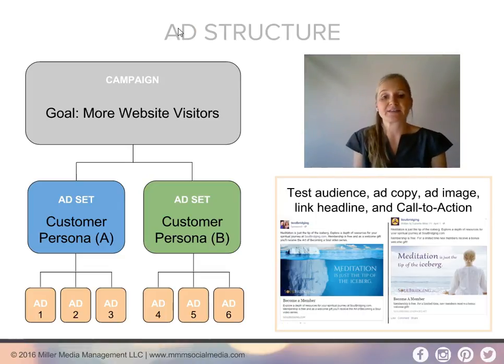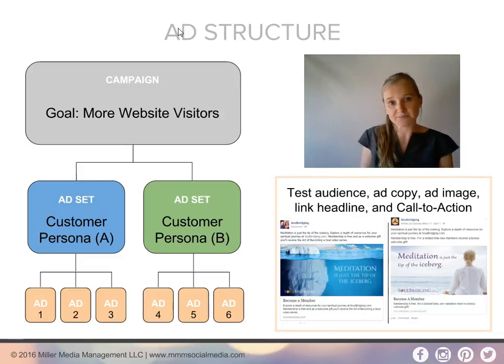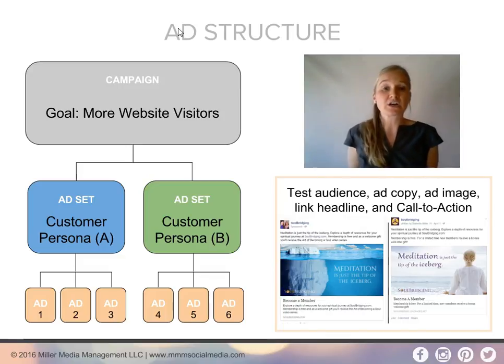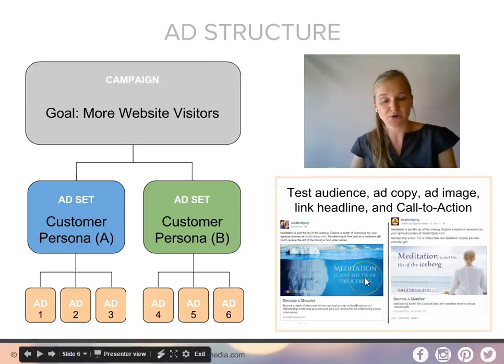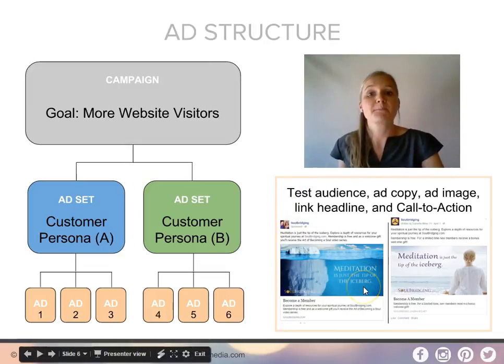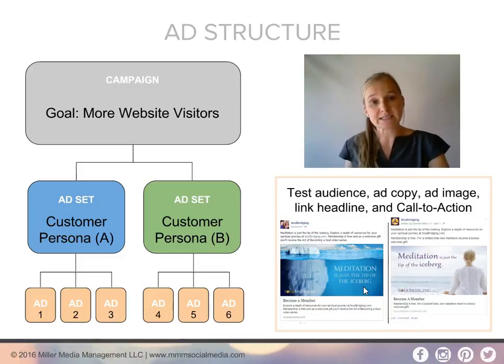They're targeted at the same audience, but they use different imagery and different messages. When we tested these two campaigns, Facebook clearly found us a winner. We discovered that the blue meditation iceberg image performed best and got us the most clicks at the lowest price.